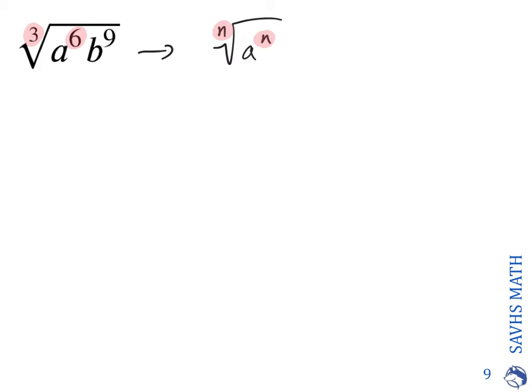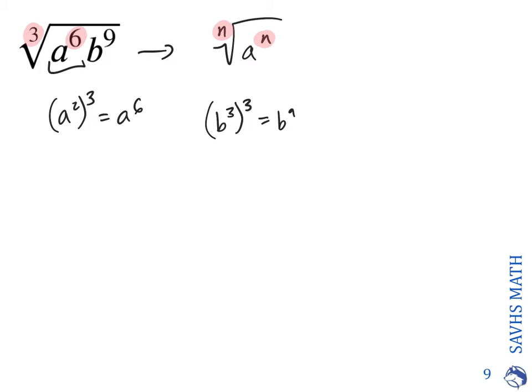This is where those exponent rules from yesterday come in, because a to the 6th is a squared cubed, and b to the 9th is b cubed cubed.